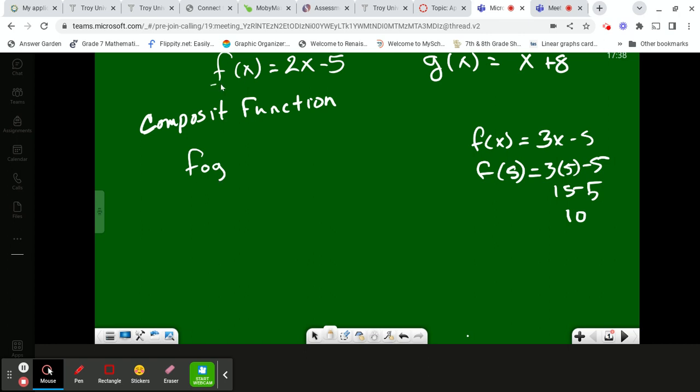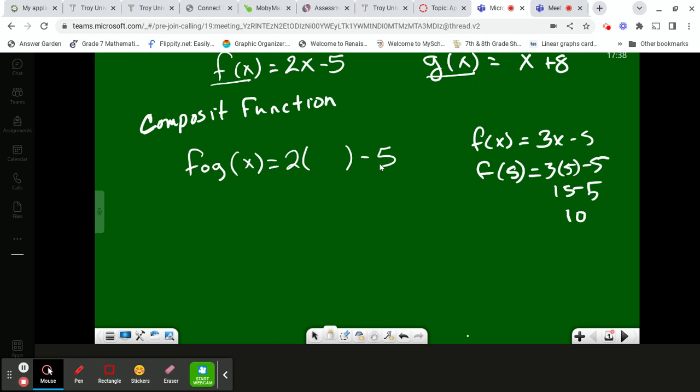So f of x and g of x, f of g of x means that I'm going to put g of x inside of f of x. So instead of writing 2 times x, I'm going to write 2 empty parentheses with that 5, right? The only thing I left out of f of x is that x. So I'm going to replace that x with g of x.